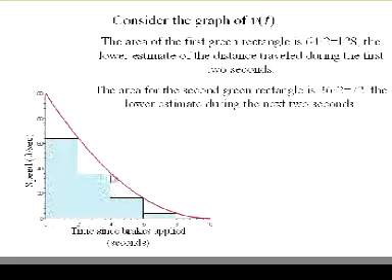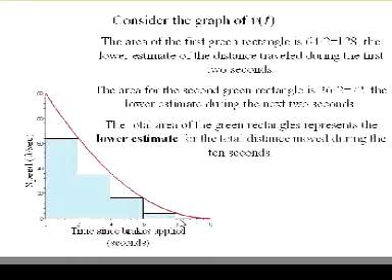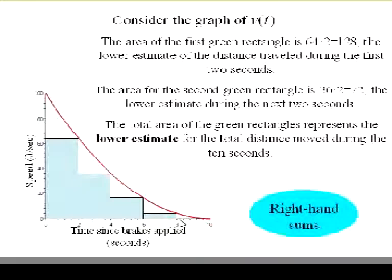Area of this next rectangle is 36 times 2. So on and so forth, and then you can't see the rectangle here because remember this last one had a height of 0, but there's a fifth rectangle here, it just happens to have an area of 0. So these 5 rectangles give us the lower estimate that we calculated earlier, and they're known as the right-hand sums.